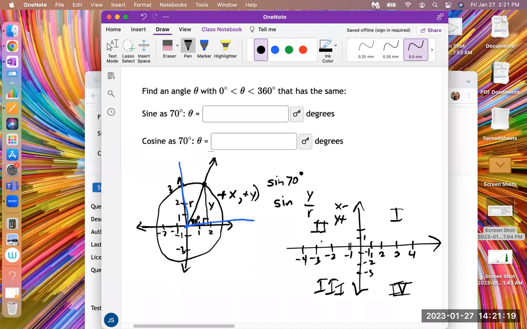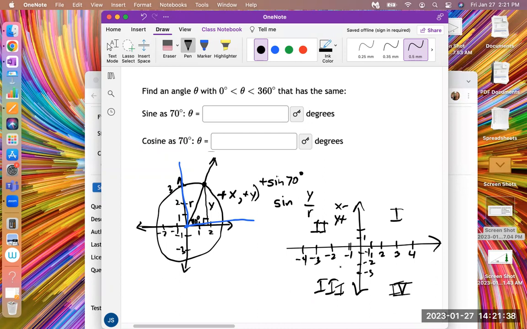So if sine of 70 is positive, the sine of any angle in the second quadrant would also be positive.